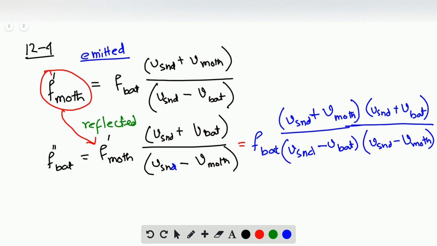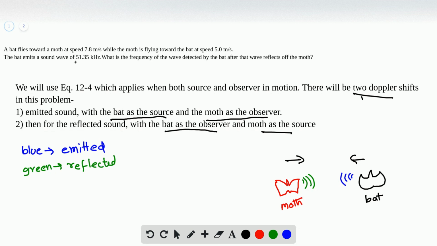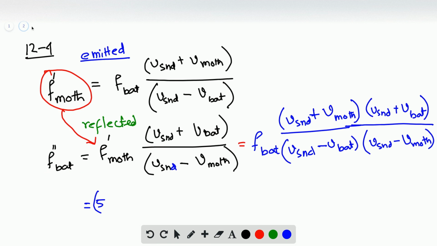Right, so now if we plug in all the numbers, the frequency is given as 51.38 kilohertz. So that's going to be 51.35 kilohertz.